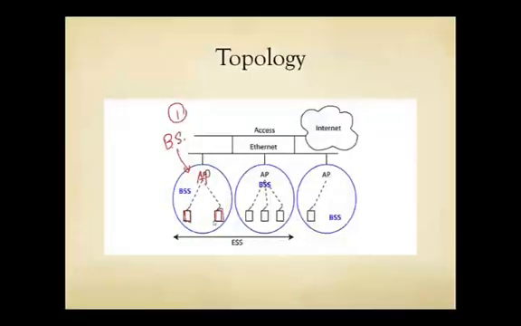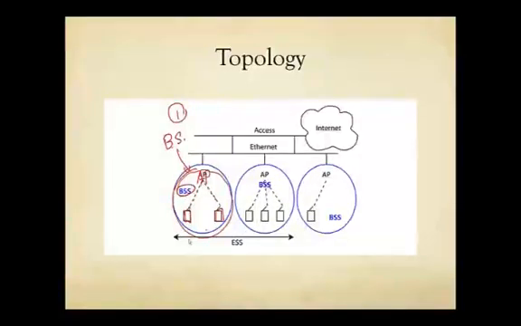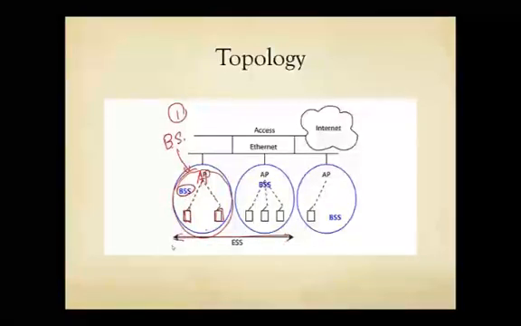Almost all devices have a Wi-Fi connection today: laptop, desktop, TV, games console, of course your phone, your tablet. And they communicate wirelessly, denoted by these dotted lines, to the access point. Now, how do they find the right access point to talk to? That is one question we'll answer later. And this is called a basic service set, BSS. And a bunch of BSS can form what's called an extended service set, ESS.